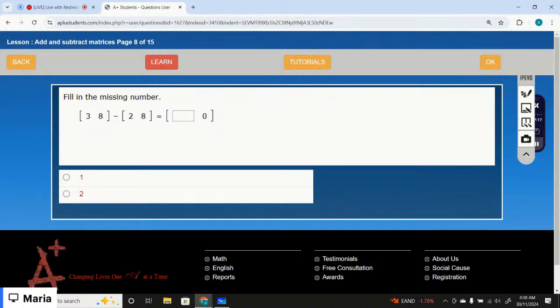So which is the correct option? One. Option number 1 is the correct option.